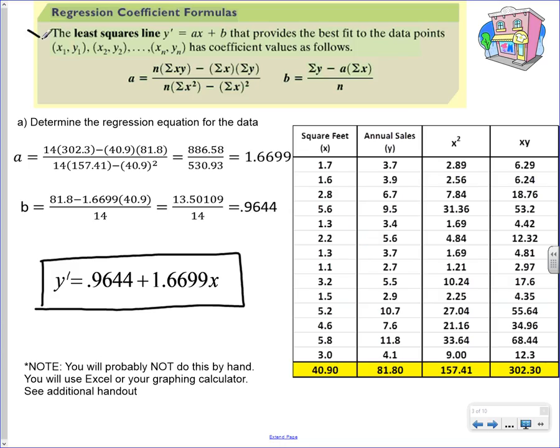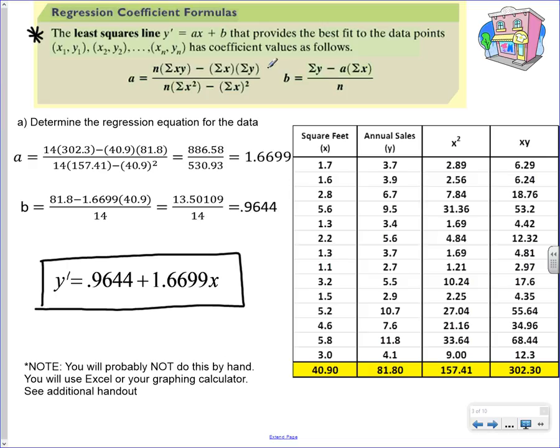Well, this is the actual equation of the line. Now, I don't actually expect you to do this equation by hand, okay? Because one, it can be very time consuming, especially if you have a large data set. Two, it can be difficult because, since there's so many calculations in here, it's very simple to make one little mistake and then the whole problem's wrong, right?